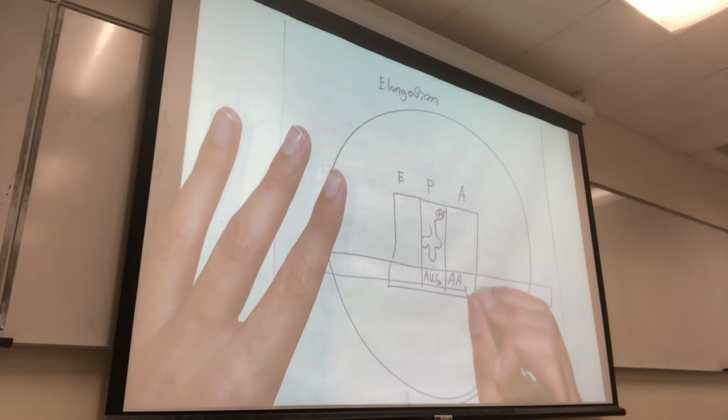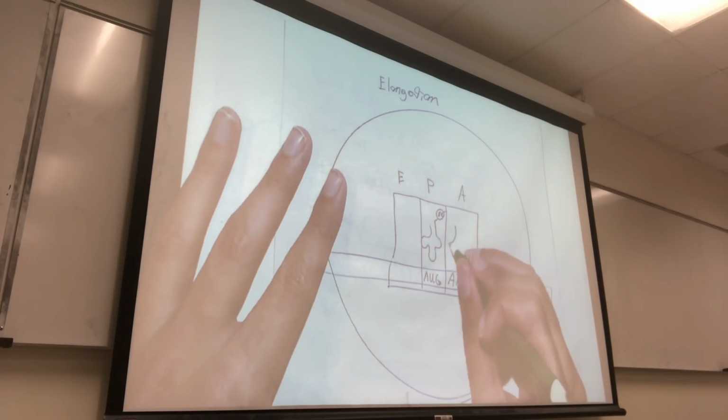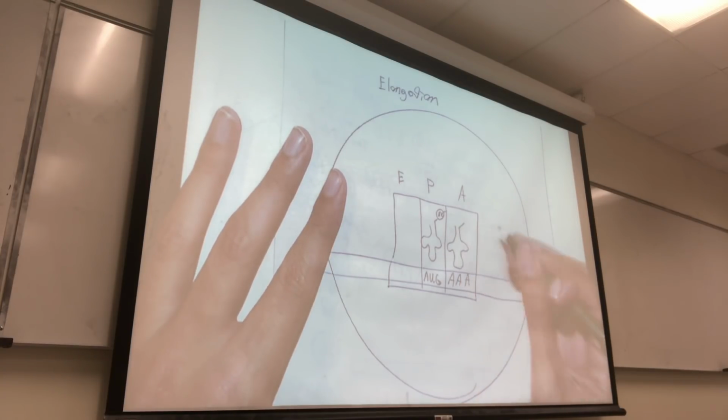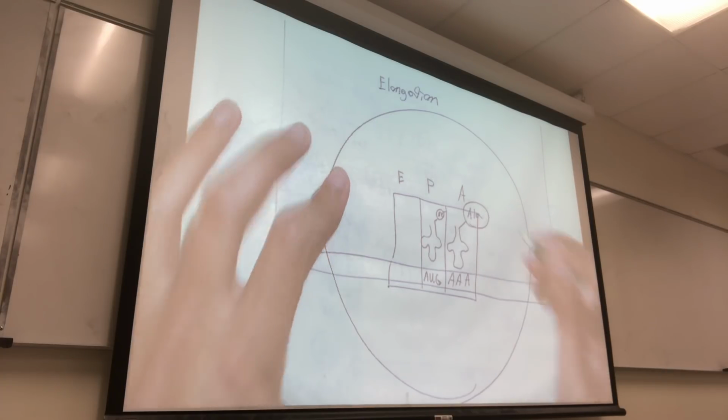I'm making up something. I don't actually know what the codon AAA codes for, so I'm just making something up. But here's what happens.